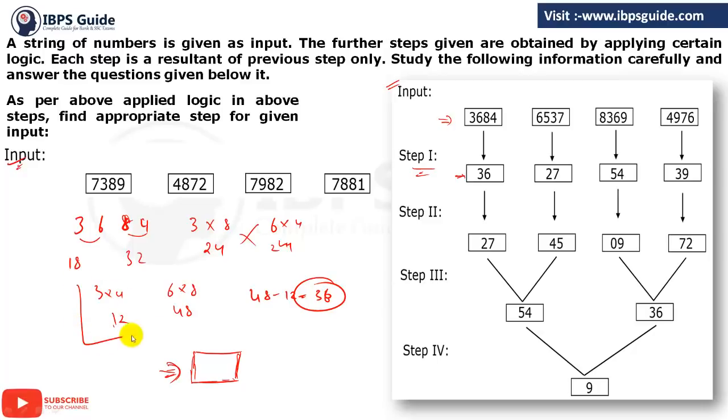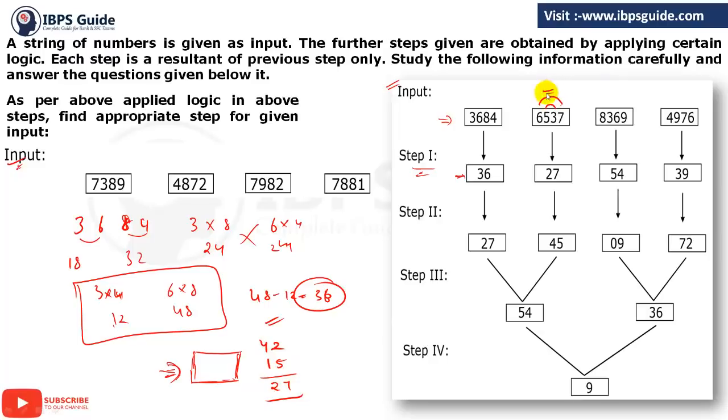But if it is applicable to all the numbers, then it will be the right way, otherwise it will not be. Now let's see: first digit is multiplied with the last, that is 6 into 7, that is 42, and second with the third, 5 3s are 15. So 42 minus 15 will be 27.